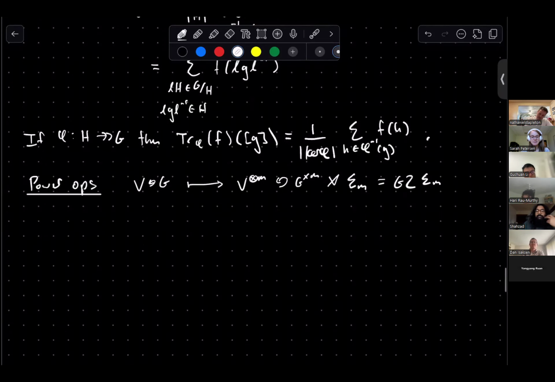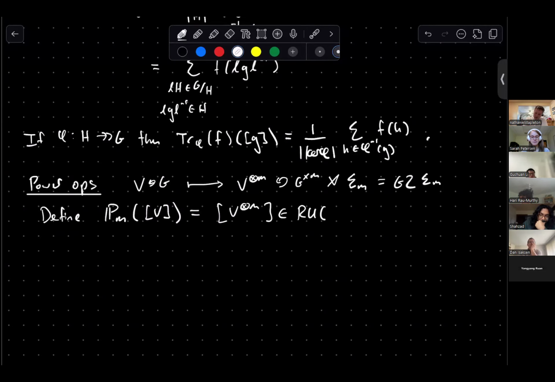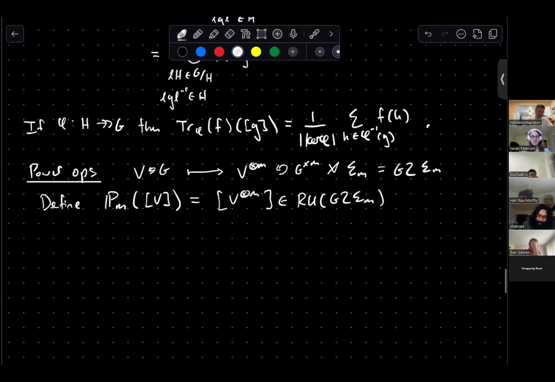So we're going to define the nth power operation on the isomorphism class of V as a G representation to be this thing, and this is in RU of G wreath Sigma_n. And I haven't told you how to define this on virtual representations yet. It is not obvious. We'll get there and say something about it in just a moment.